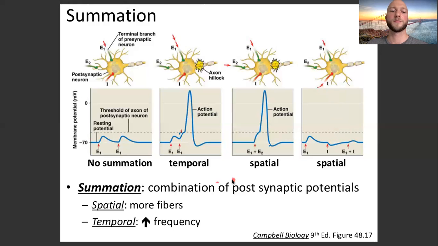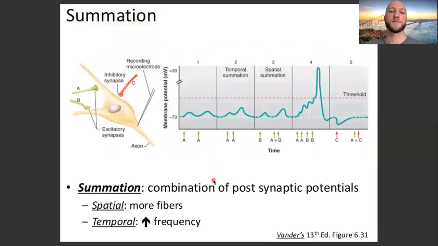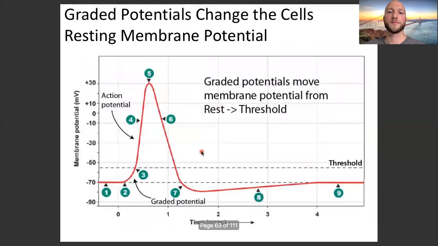All this spatial and temporal summation comes together to get the effects that we see in the human body. Again, just demonstrating spatial and temporal summation of excitatory and inhibitory potentials. Graded potentials move the membrane from rest to threshold. And then once you get to threshold, bam, all or nothing action potential.